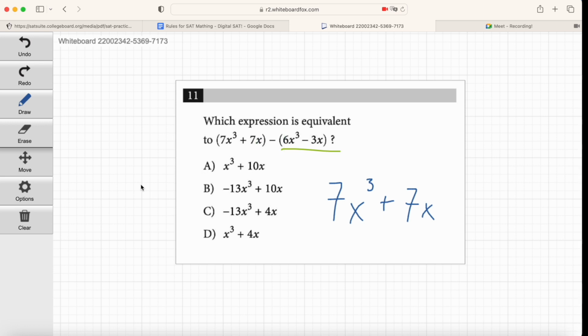I think if we distribute that negative sign, basically we're flipping the signs of the terms in parentheses here. So we're going to have negative 6x to the power of 3, because we got to flip that sign. It's positive in the parentheses right now. Does that make some sense?